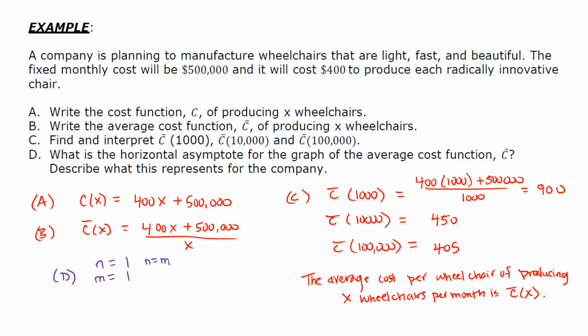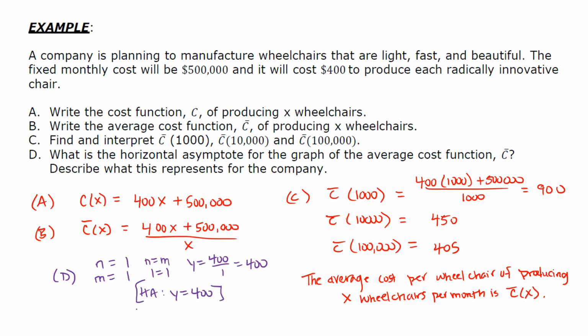So n equals m because 1 equals 1. So y is going to be 400 over 1, which is just 400. Our horizontal asymptote is y equals 400.